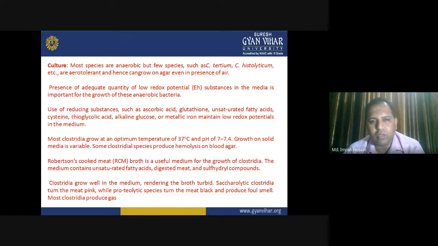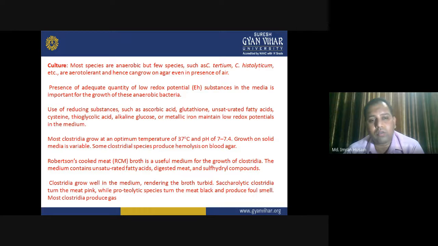Growth on solid media is variable. Some Clostridia species produce hemolysis on blood agar. Robertson cooked meat (RCM) broth is a useful medium for the growth of Clostridia. The medium contains unsaturated fatty acid, digested meat, and sulfhydryl compounds.